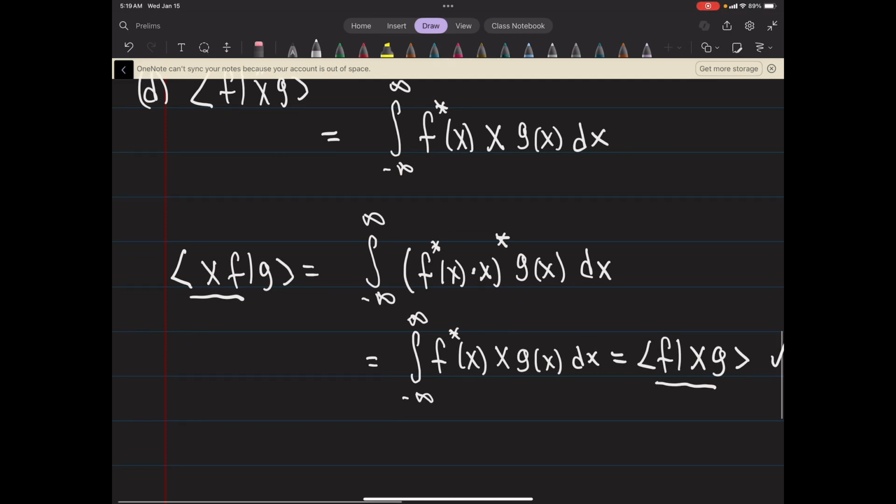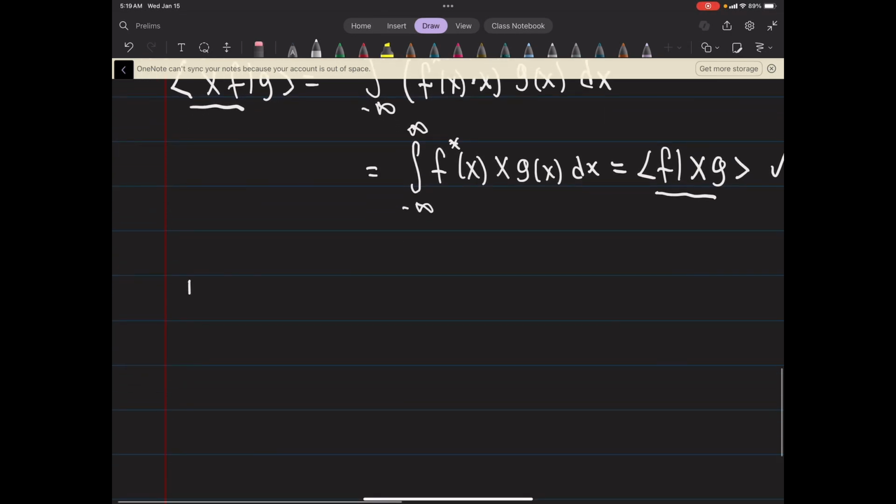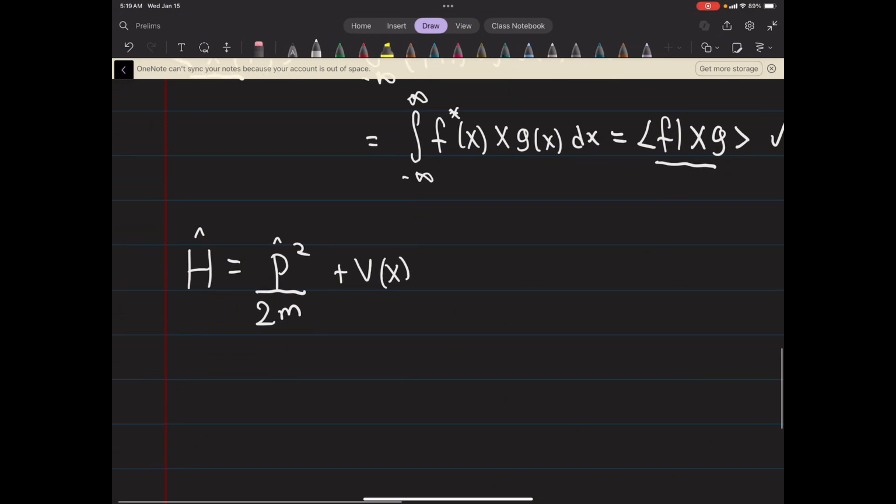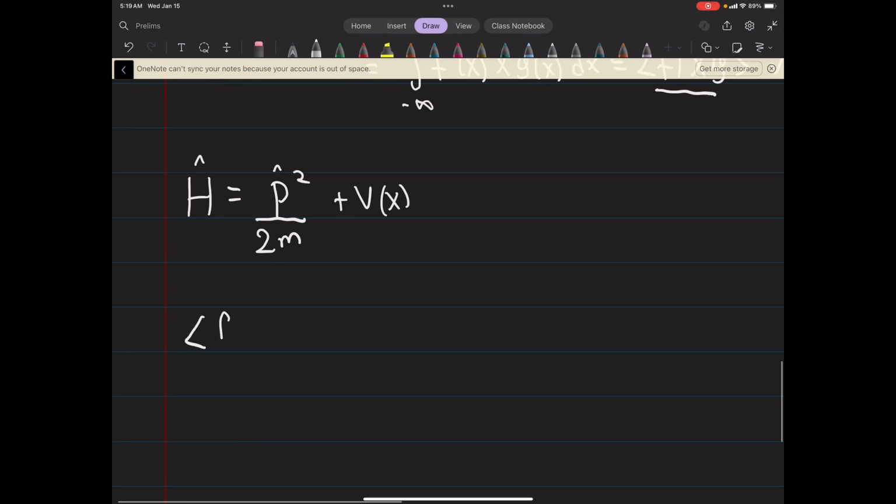Now let's look at the Hamiltonian operator. It's a little bit more involved, but similar in practice. So let's find this inner product first. And it's defined the exact same way that we've been defining our inner product.